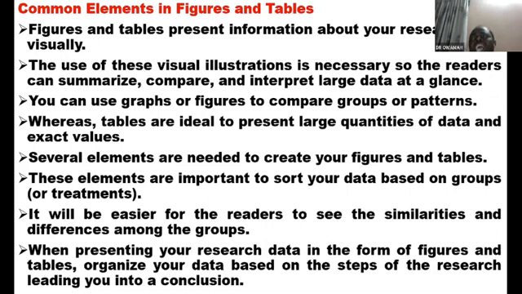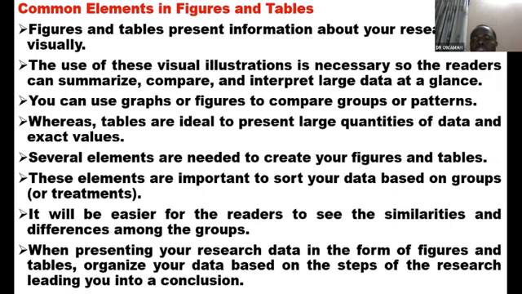Put this in a pie chart, and it's so simple. And label the pie chart. It will reduce the tediousness in understanding your work. So you can use just a pie chart or a bar chart to show all of this. Whereas you can use graphs and figures to compare groups or patterns, tables are ideal to present large quantities of data and exact values.